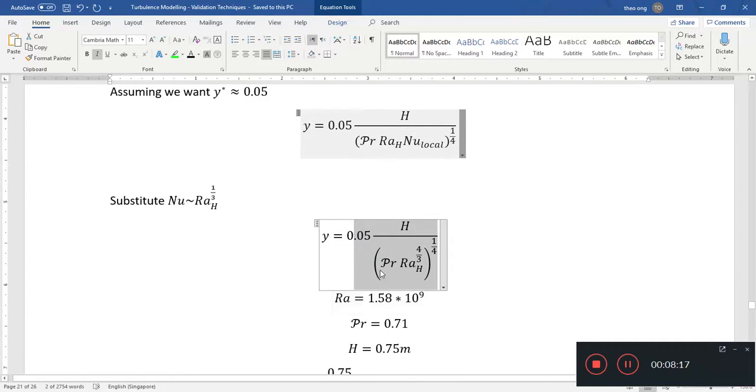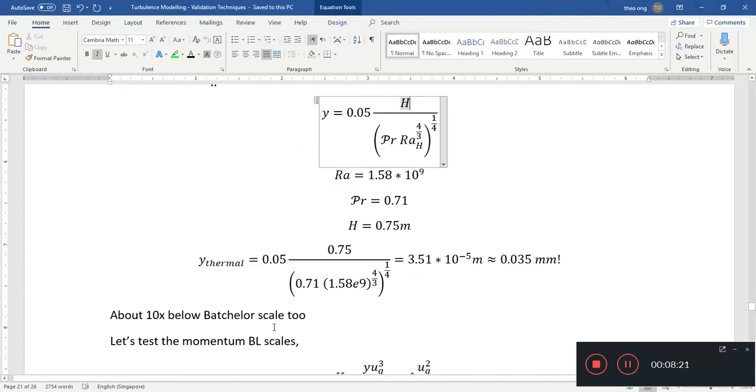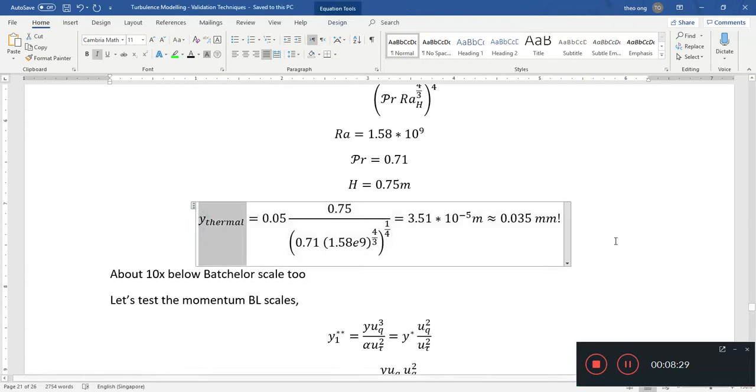So we need the Prandtl number, the Rayleigh number, and the height scale. So the Prandtl number and the Rayleigh number are as follows, and h is as follows. And the thermal length scale is about 0.03 mm.